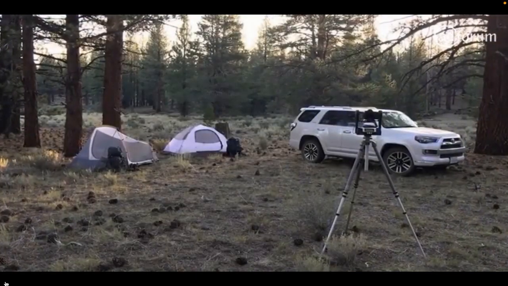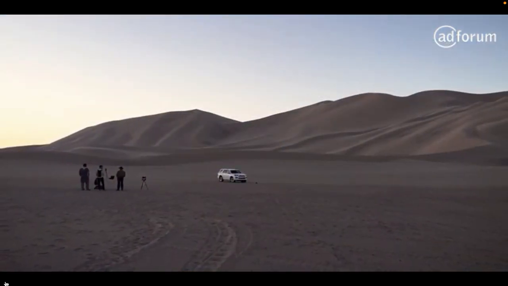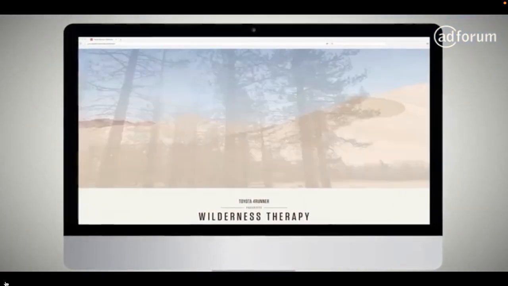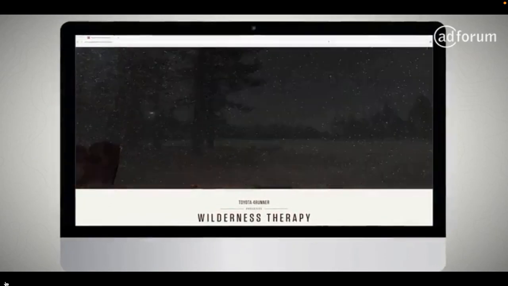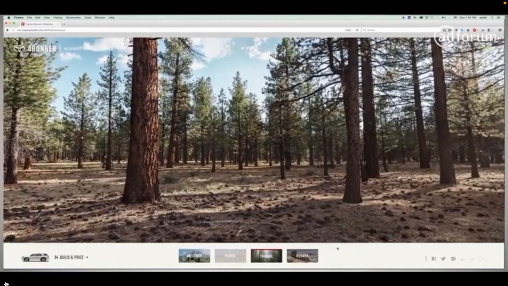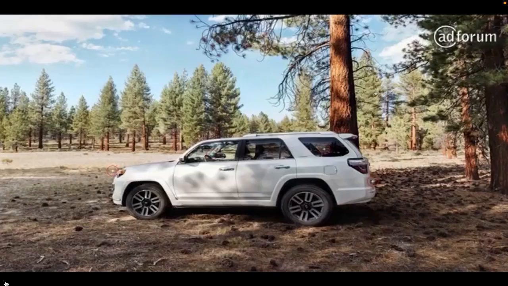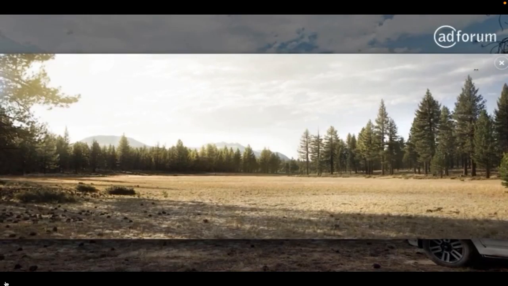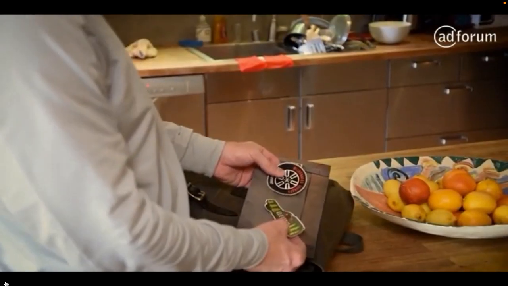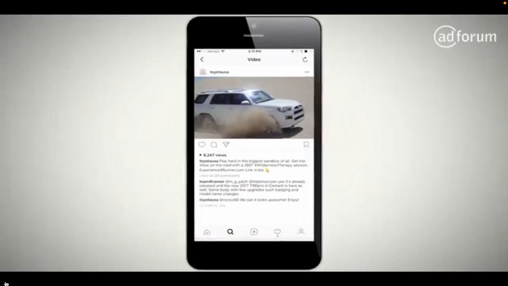To adjust our mindset, we even went camping for 2 weeks to commune with nature. We took our time documenting the process using super high-res photography to capture a series of 360-degree wilderness encounters. Each one let users move at their own pace and come away feeling awestruck, playful, tranquil, or elevated. Clickable hotspots gave serenity seekers the ability to explore the terrain and uncover a series of 4Runner nuggets. And the mailer included collectible wilderness therapy patches. We also implemented a social media campaign to drive to the experience.